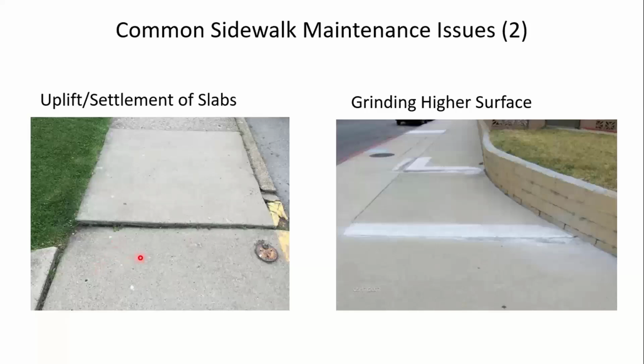One way to approach that is to fix the underlying problem, or grind the higher surface like you see here on the right-hand side. A number of areas where they've done some grinding to ramp the sidewalk down to the adjoining section. Another approach that could be used, depending on the situation, would be to put a wedge of concrete to make that a beveled or ramp surface.